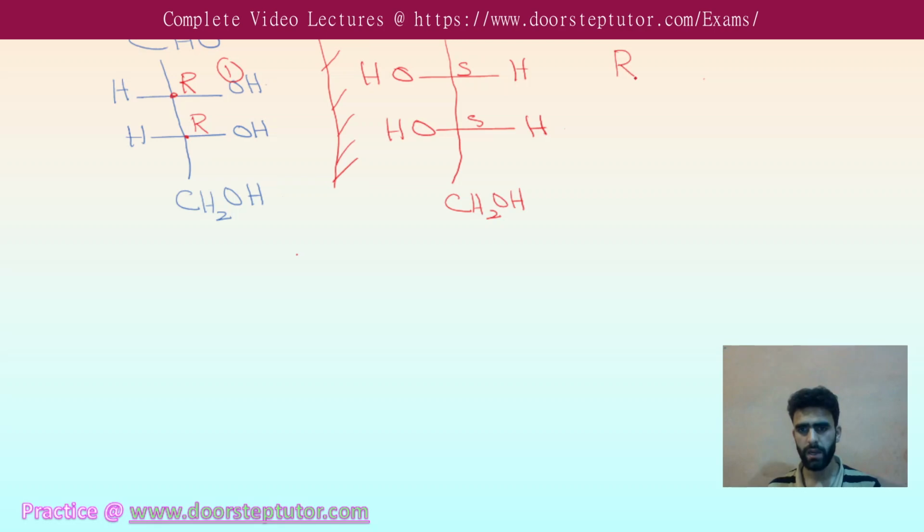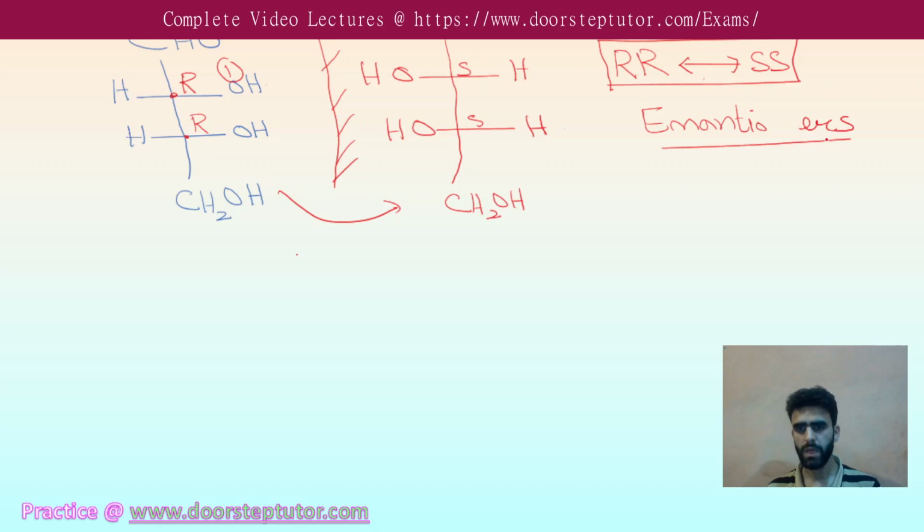So the configuration for this is R and R, and in its mirror image the configuration is S and S. As you can see, there is a complete shift of the configuration. So these two compounds will exist as enantiomers of each other.